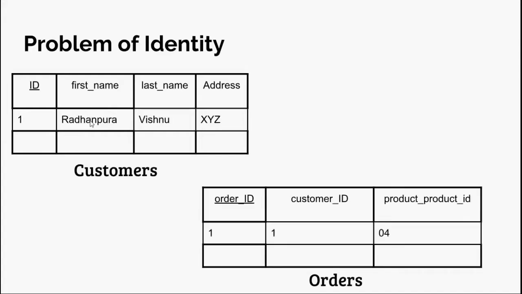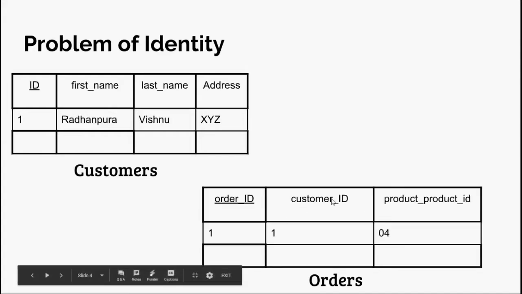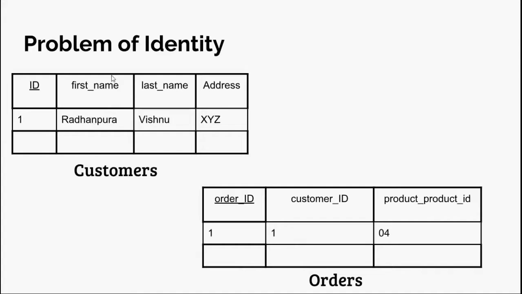We can use this ID as a foreign key as well. And if we want to change the first name, then we have to change it here only. We don't have to change anywhere else. That's the main advantage of surrogate keys. Hence the problem is how can we represent these surrogate values on the Java side. That's all in problem of identity.